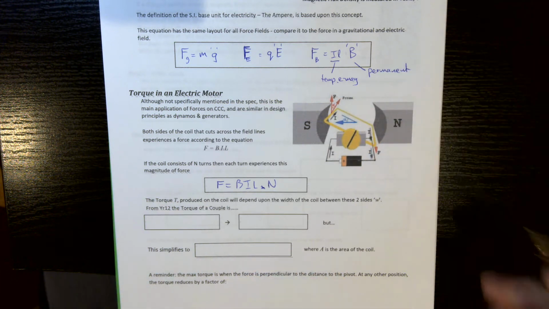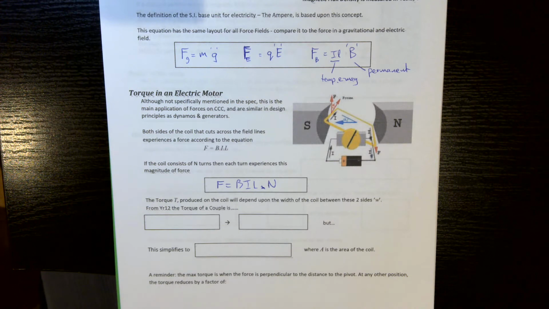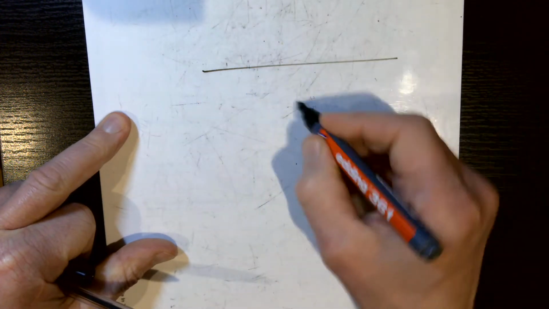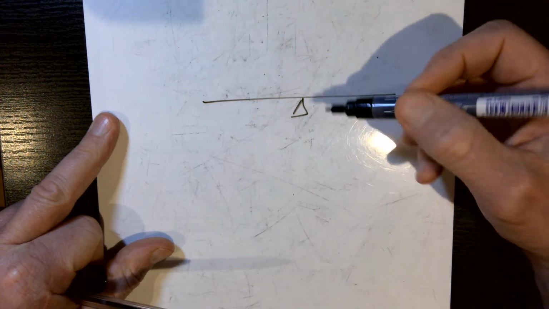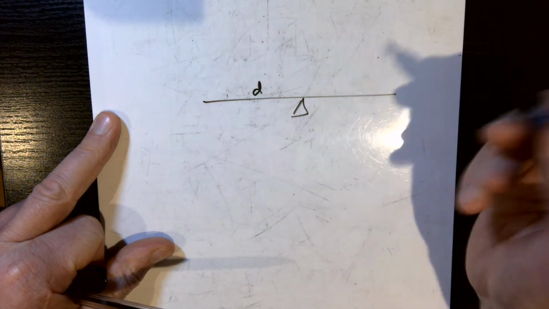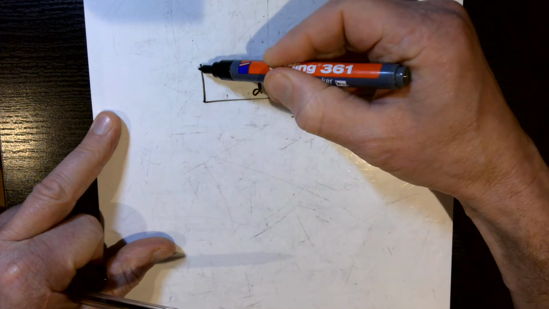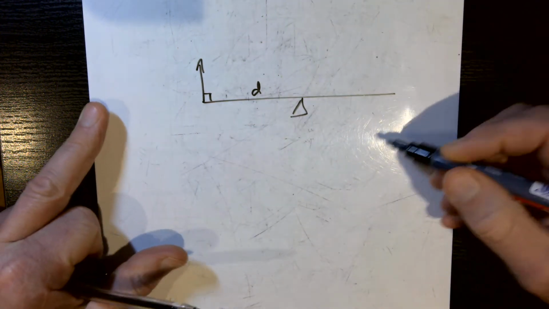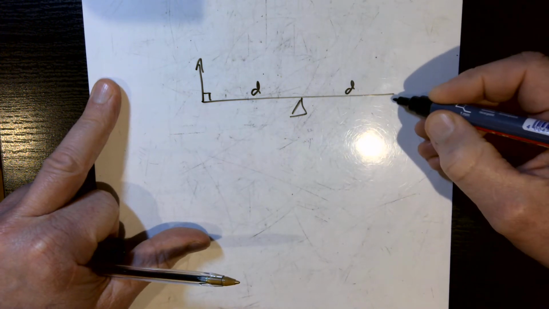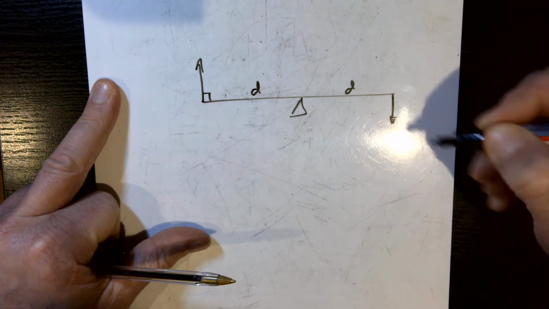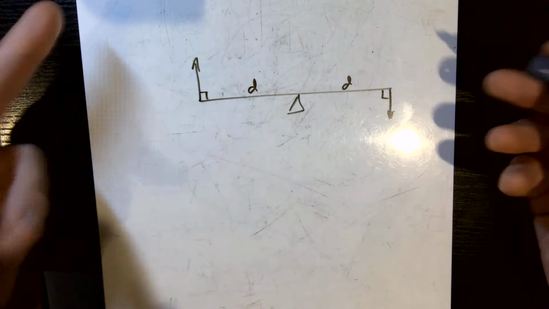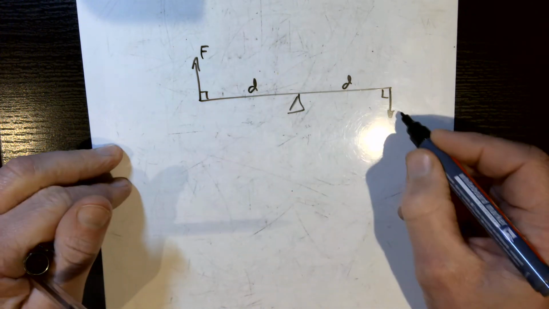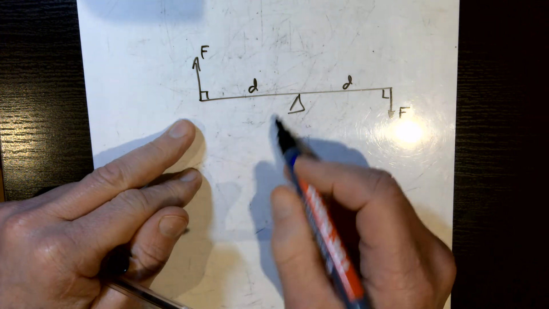Now cast your minds back. This is simply everyone's favourite topic from the beginning of year one: moments. Okay, so what we had for our definition of moments was we needed the distance from the pivot and the perpendicular force. Yeah, so for this to work, and again if we have a couple, two forces that are providing the same effect, adding together to do the same thing, then our force on each side will give us a moment.